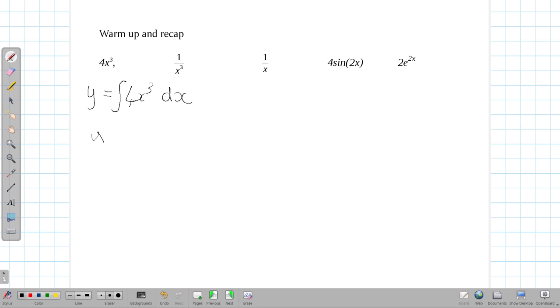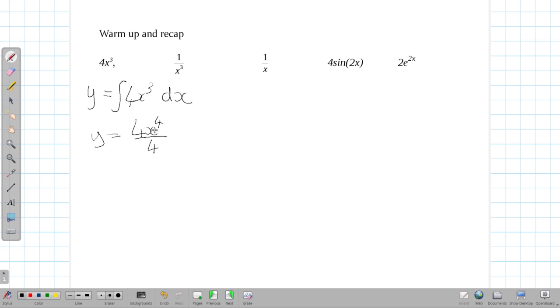Okay, so y will equal, if we integrate this, we've got 4x to the 4, and then we divide by the new power. What we're doing is adding 1 to the power. Remember, we're working backwards to what we would do if we were doing differentiation. In differentiation, we took 1 away from the power, which was the last thing we did. This time, the first thing we do is add 1 to the power, and when we did differentiation, the first thing we did was multiply by the power.